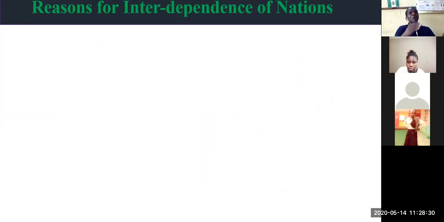If Prudent knows government very well, what does he need from Mr. Emmanuel? Nothing. Why will Nifemi decide to associate with Mr. Kenny just because he wants to learn commerce? The same thing applies to nations in the world. Certain factors determine the reasons for interdependence of nations.